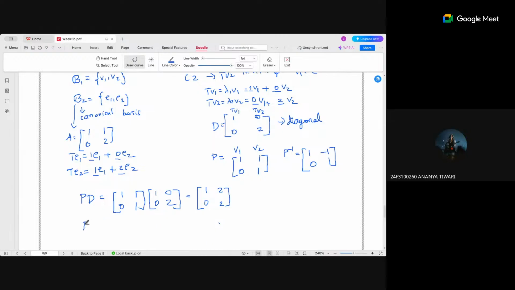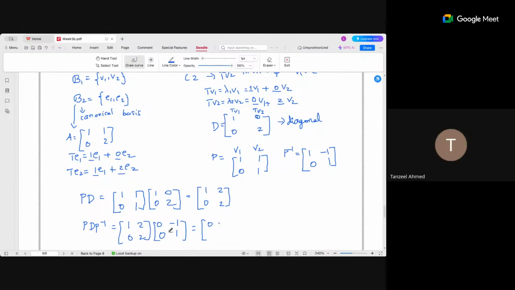Yes, ma'am. Now what is PD times P inverse? That is 1 2, 0 2 into P inverse, which is 1 minus 1, 0 1. Now what is the first entry? It should not be 0.